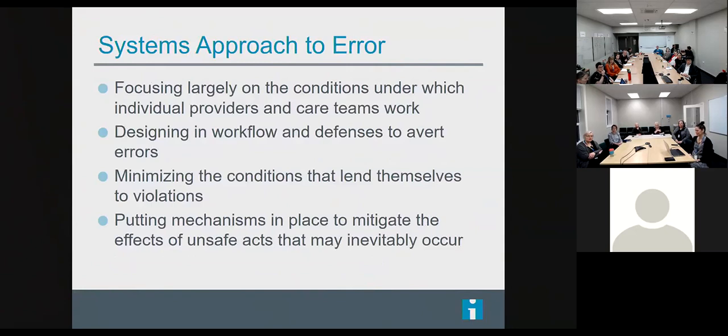So we focus largely on the conditions under which individuals and providers and healthcare teams work. We recognize that it is human nature to make mistakes. We're not perfect. We know that. Well, I hope we know that. But what we want to do is to recognize when we do make a mistake, an error or a lapse, that we're actually reflecting on why that happened.